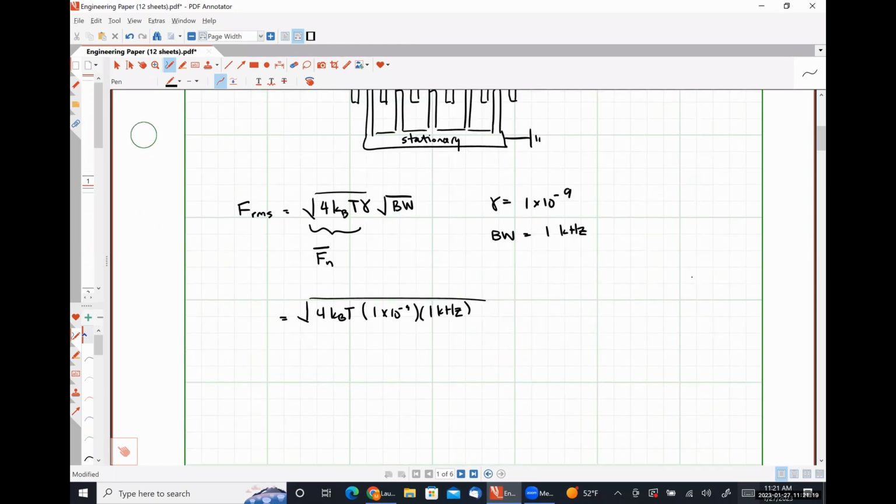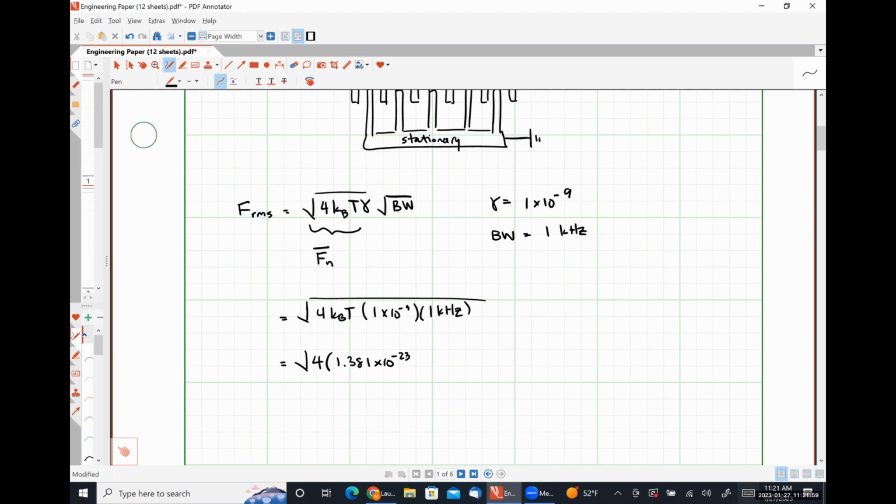Actually, we should want it in joules, right? Let me Google Boltzmann's constant in joules per Kelvin. 1.381 times 10 to the minus 23.